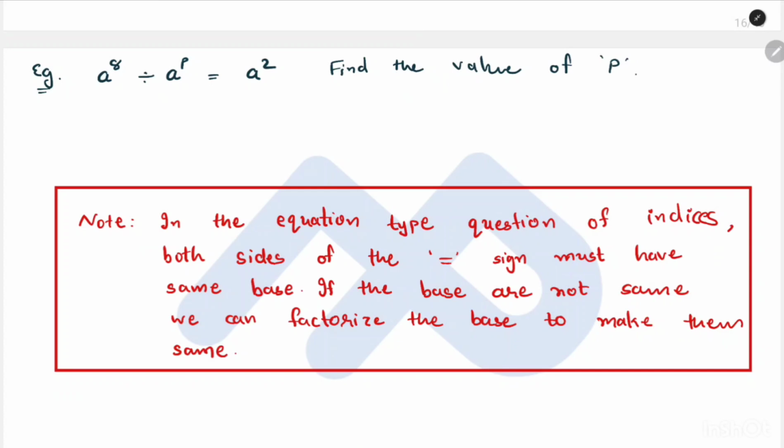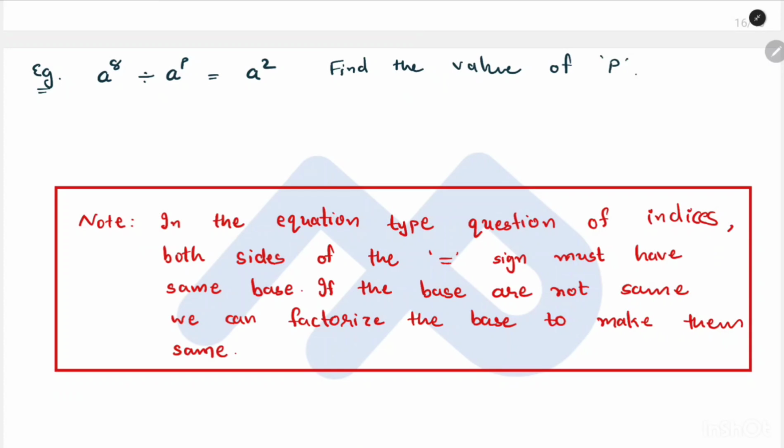In equation type questions of indices, keep this in mind, I have specified here in red letters, both the sides of the equal to sign must have the same base. If the bases are not the same, we can factorize the base to make them the same.